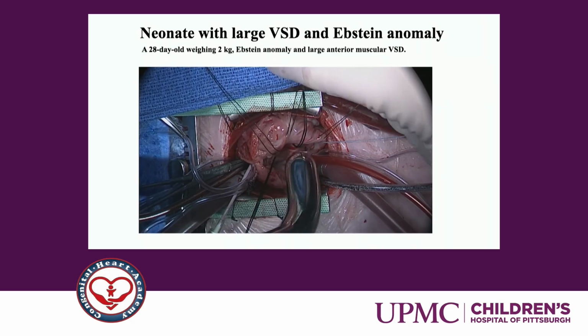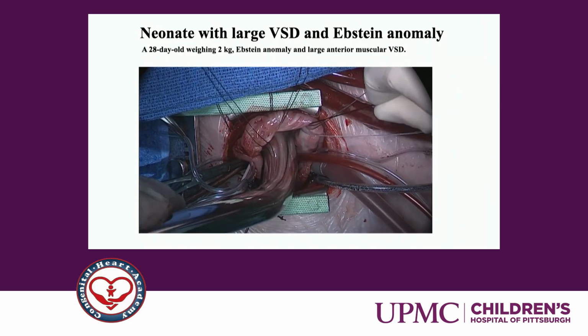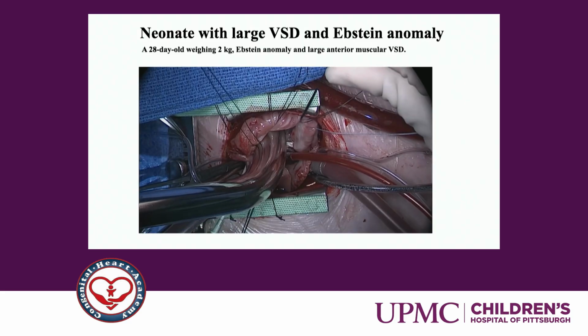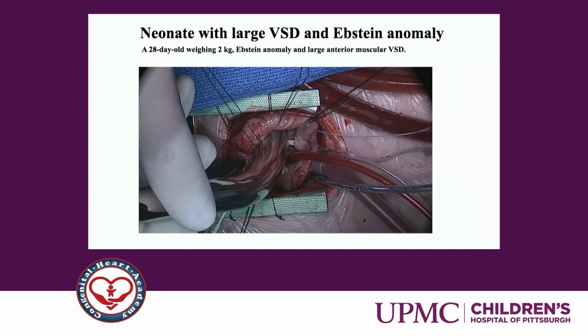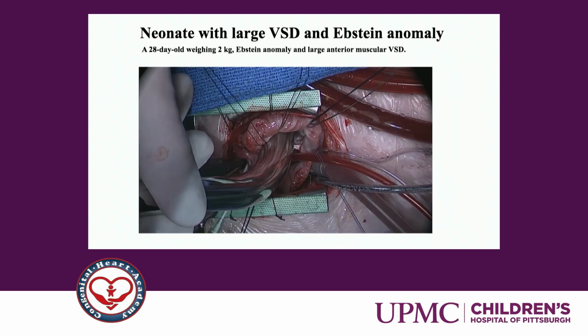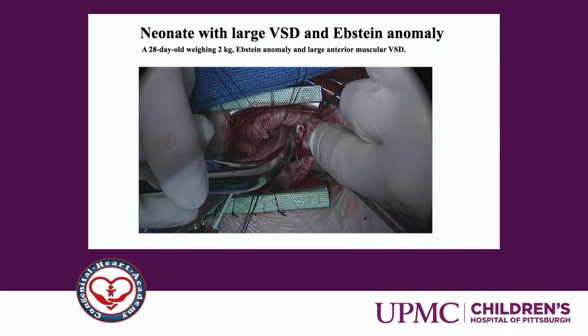This is a size 14 Hegar dilator, which is placed through the functional orifice, and it will be held in place while the annulus of the tricuspid valve is reduced.